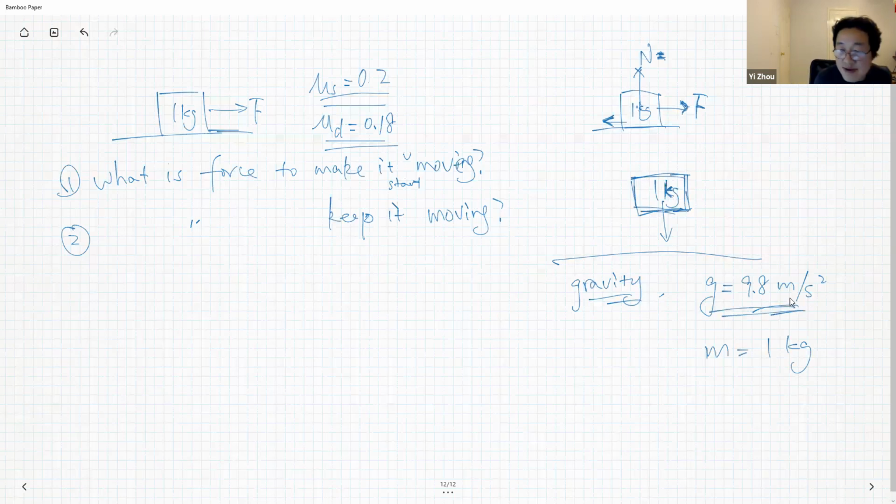Right, Tracy? Yeah. So if the mass of this box is 1 kilogram, what is the total force acting on this box? Would it be 9.8 newtons? Yes.